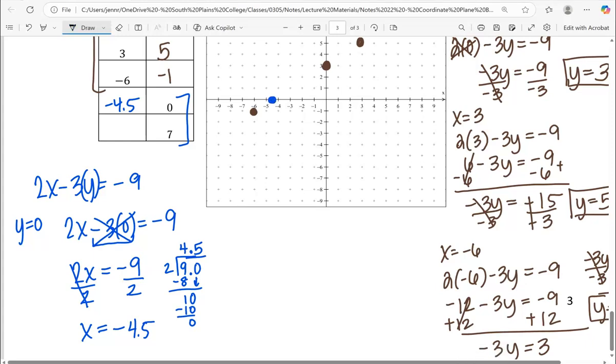Notice this is an x-intercept because I'm sitting on the x-axis.